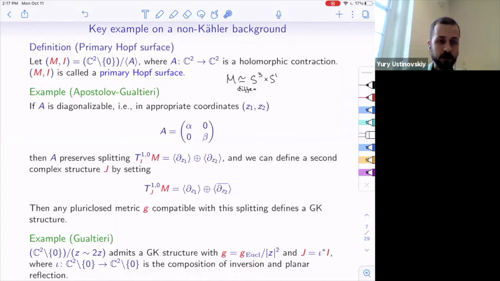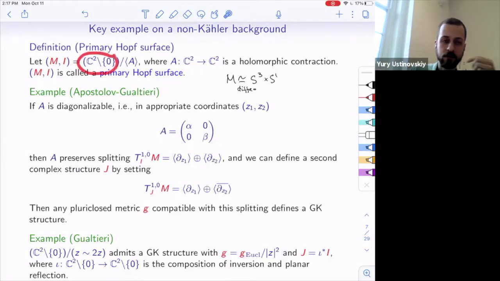And these happen to carry several important examples of generalized Kähler structures. I will mention two of them, and actually we'll study them in more detail later. So the first one works in any situation where A is diagonalizable.